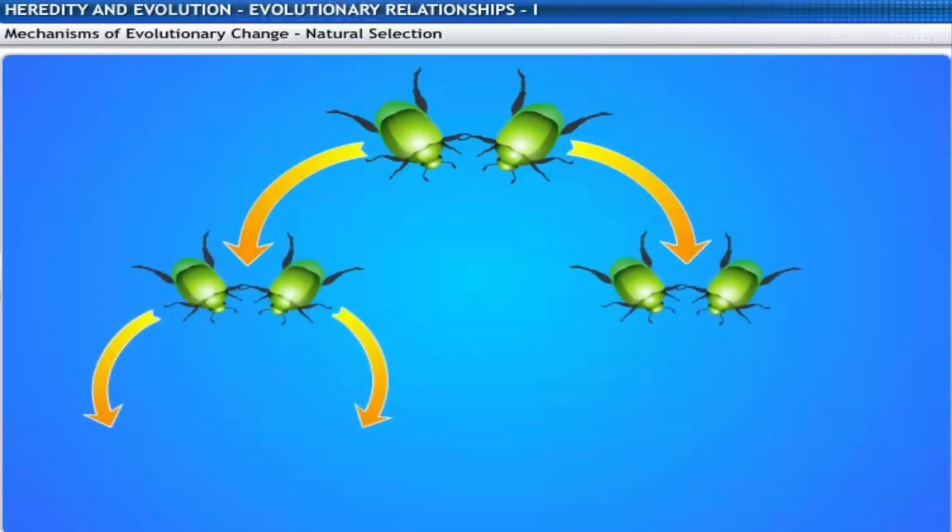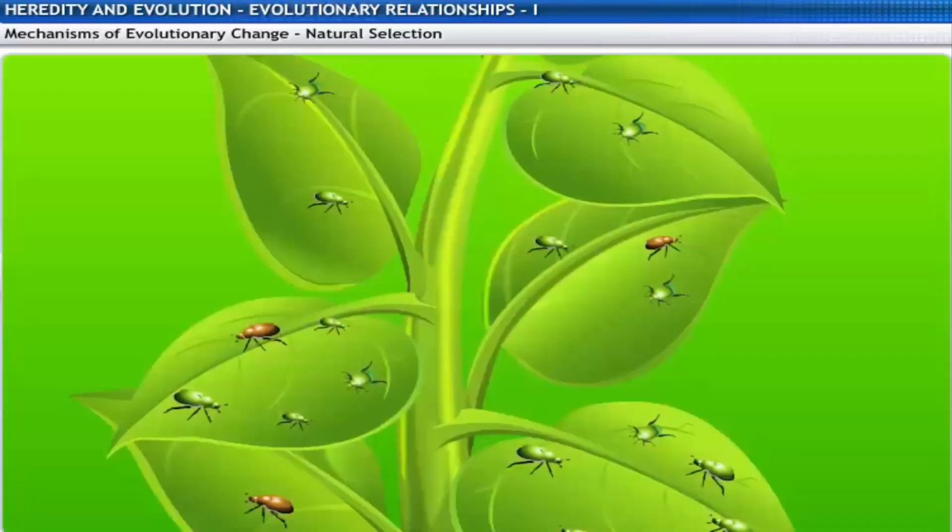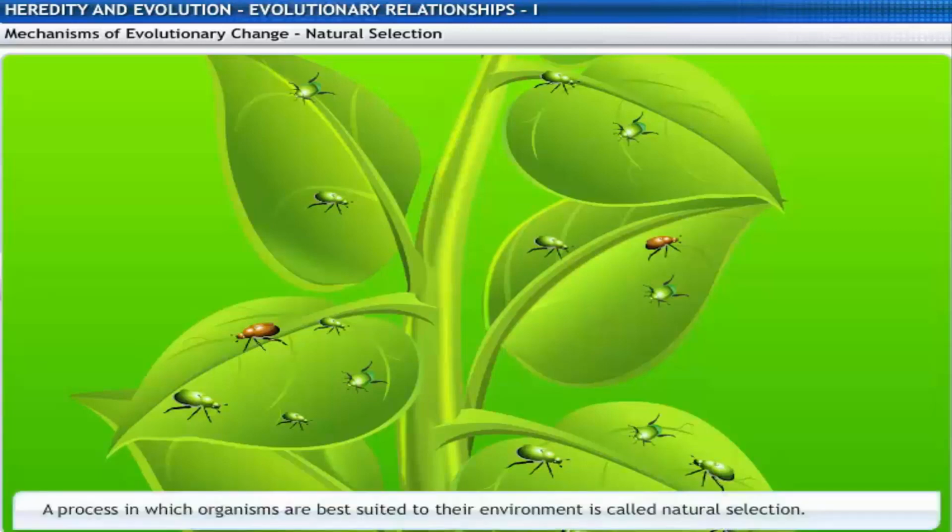They will pass their genes for green coloration onto their offspring. Therefore, the green beetle is better adapted to the environment than the brown beetle. This process, in which organisms are best suited to their environment, is called natural selection.